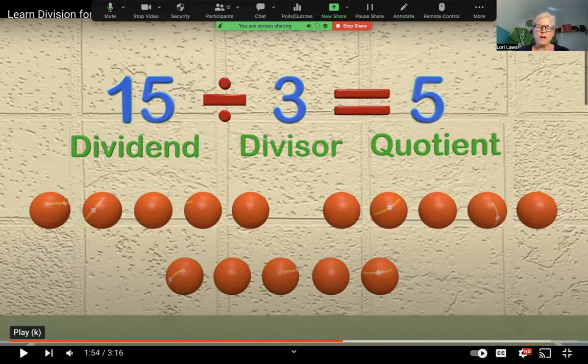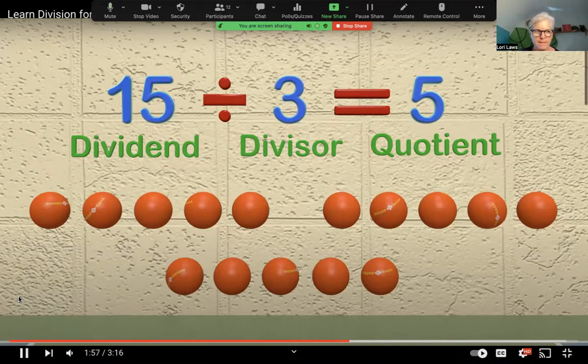Well, now you're saying 15 divided by 3 equals 5 groups, 5 kids, right? So that's what gets confusing with division: you don't know whether you're counting the number of the groups or how many are in each group. So you really have to pay attention to the problem.